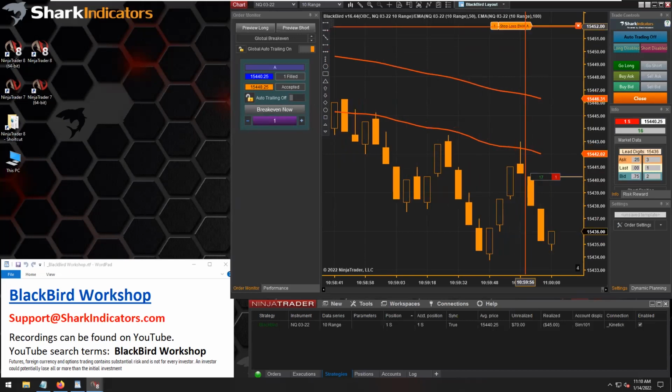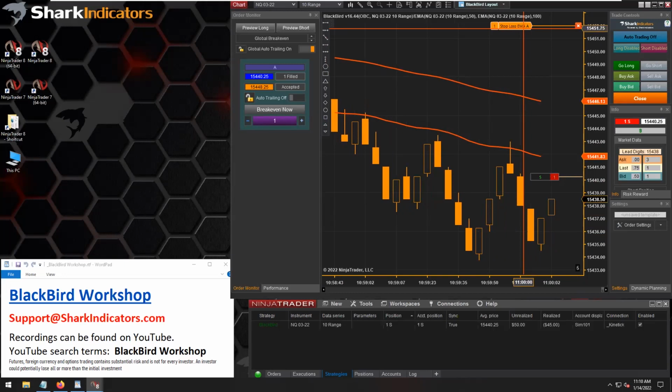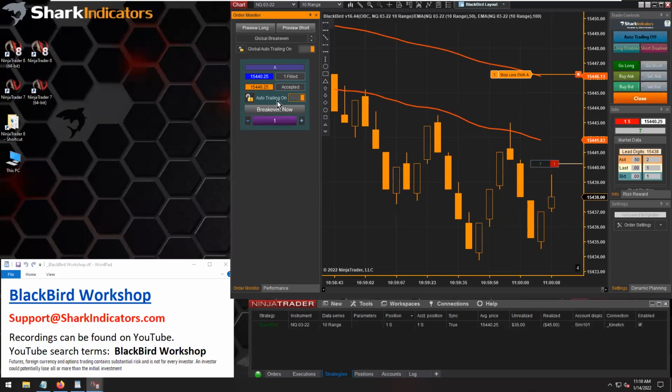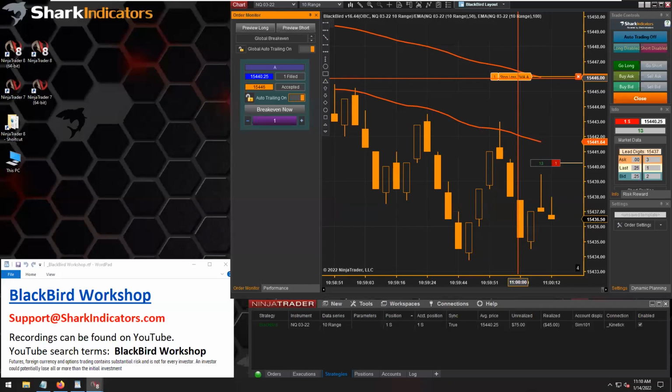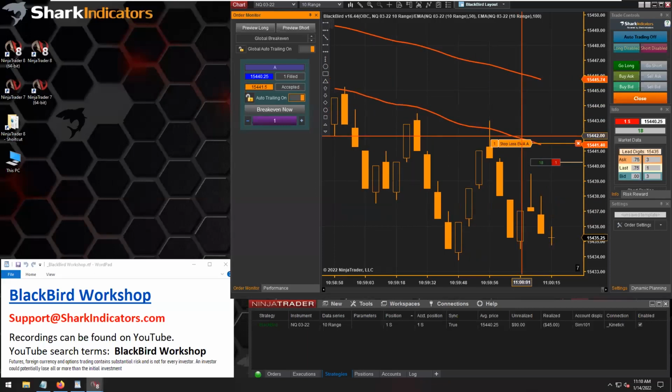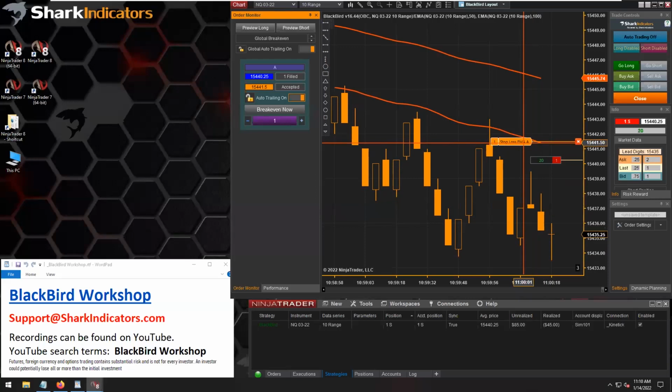Because I manually grabbed my stop loss and moved it. So if I want my stop loss to trail again, then I can turn the auto trailing back on, and there we can see, boom, my stop loss is now following the EMA 100. Now it just moved to the EMA 50 right there, right?